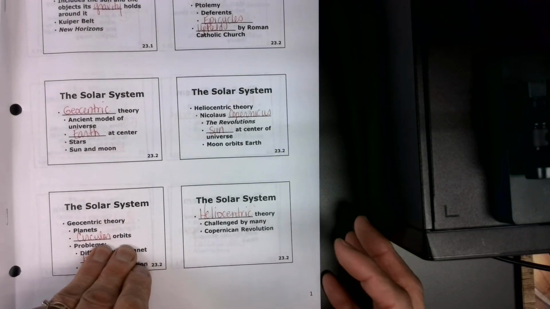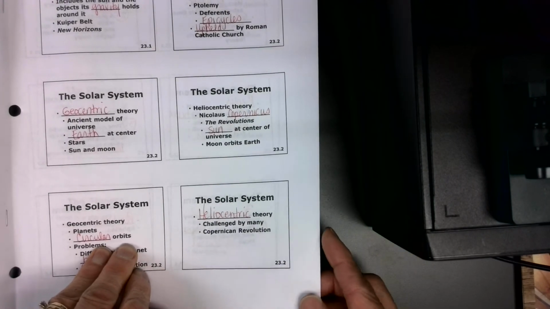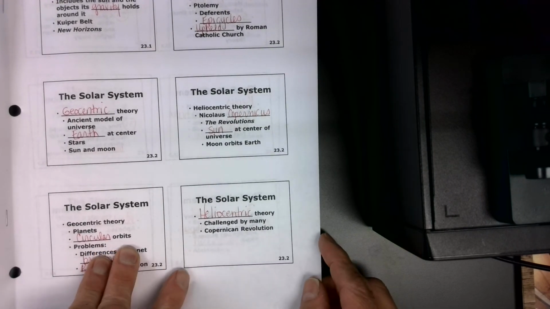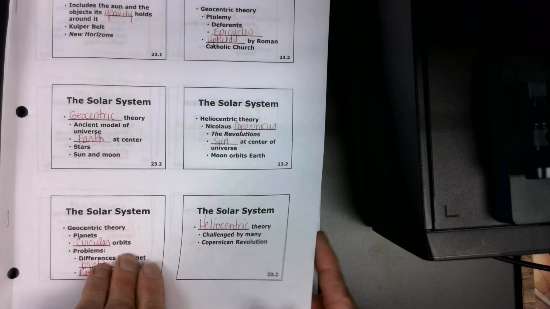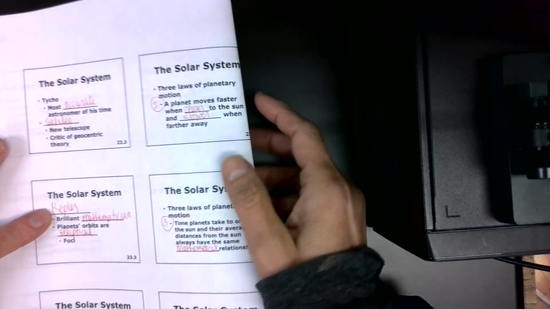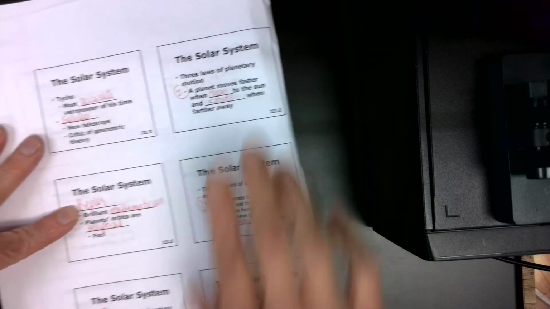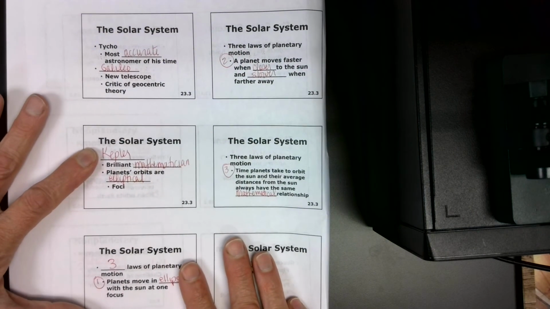The heliocentric theory was challenged by many. It began the time frame known as the Copernican Revolution, where mankind began to be proven otherwise for their theories.